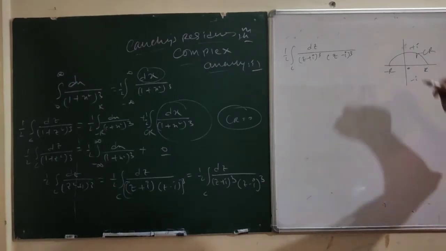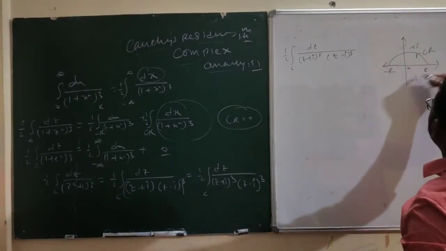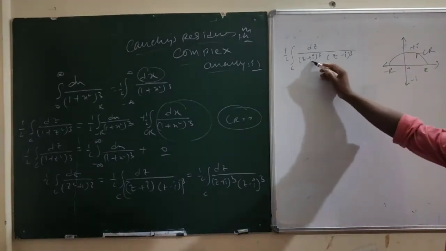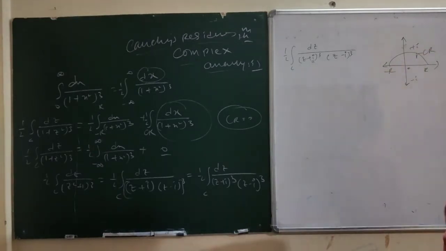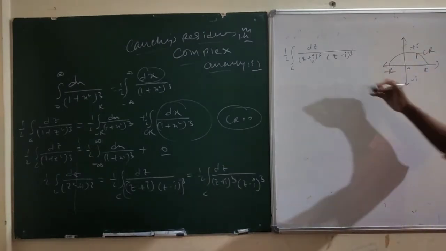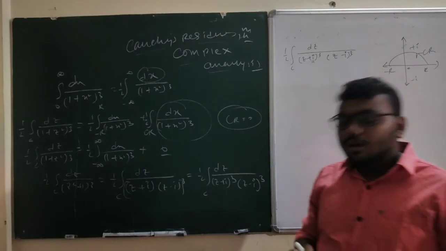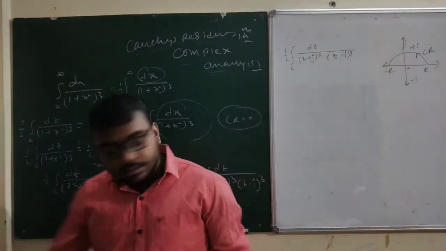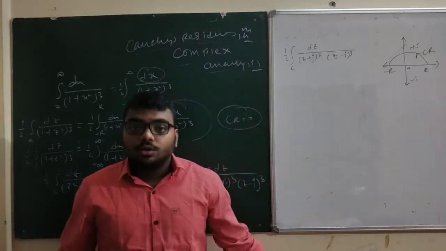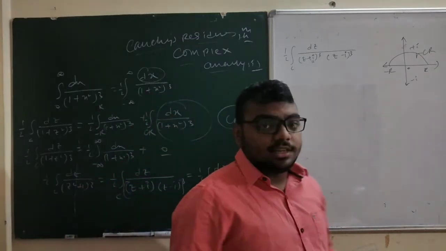So here we need to take the positive i, because negative i will be outside of the contour.